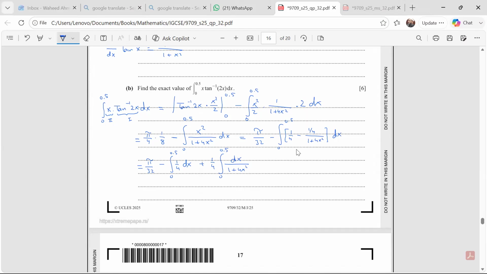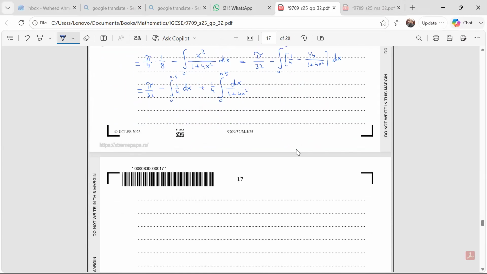Now let me solve this part separately: the integral from 0 to 0.5 of dx over 1 plus 4x squared. Let me do a substitution. Let 2x equal u, so 2 dx would be du.